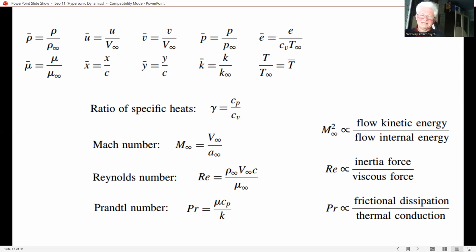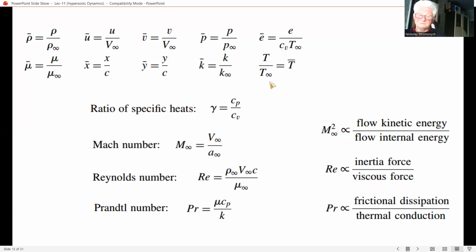So, let us introduce the following dimensionless variables on the top of this slide. Here we have rho infinity, v infinity, p infinity, mu infinity, k infinity, and T infinity.